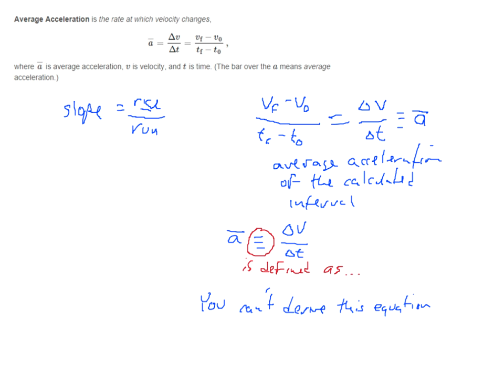You know how some equations you can derive, you can combine some equations together and get a third equation. This isn't derived, this is a definition. This is saying there's a pattern in nature that's useful. That pattern that's useful is the ratio of the change in the velocity to the change in the time. Because it's useful, we're going to give it a name, right?